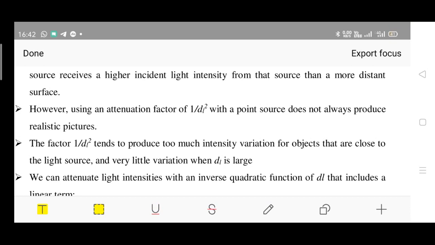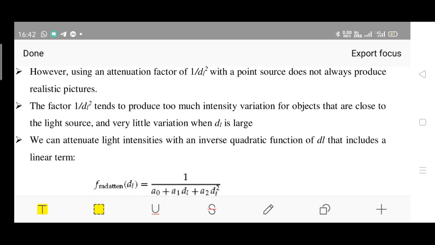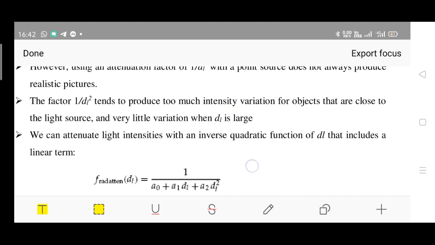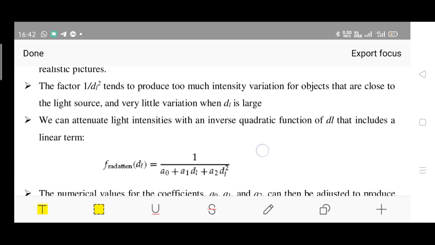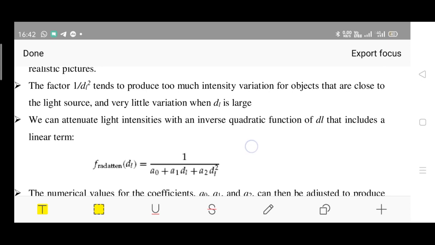However, using an attenuation factor, that is 1 by d1 square, or you can say 1 by d square, with a point source does not always produce a realistic picture. However, we can attenuate the light intensity with an inverse quadratic function of d1 that includes a linear term.